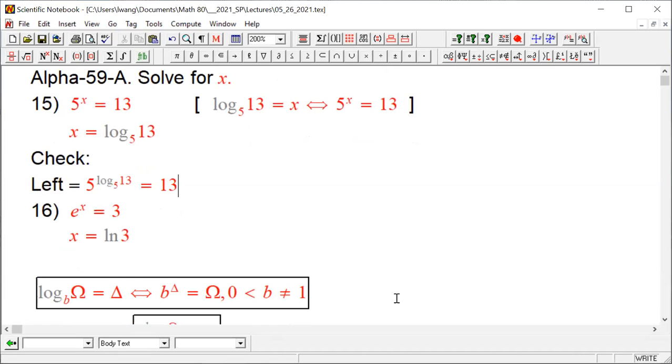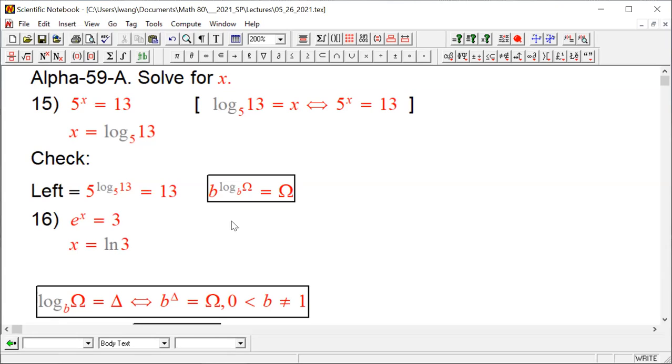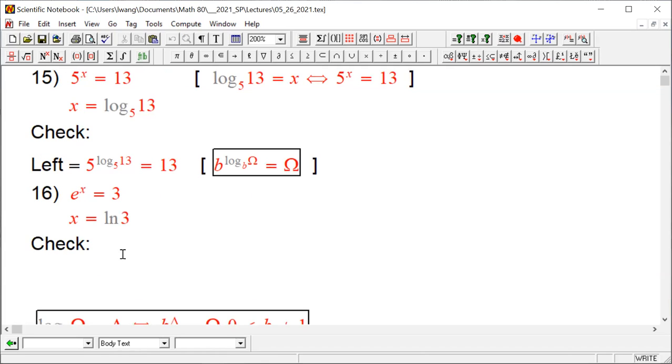So this is the moment we get to apply that property. And for the latter one, x equals ln 3, how do I know that is the solution? You can also check on the left-hand side.